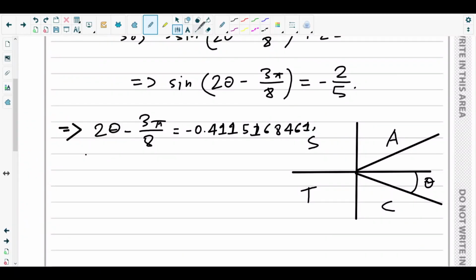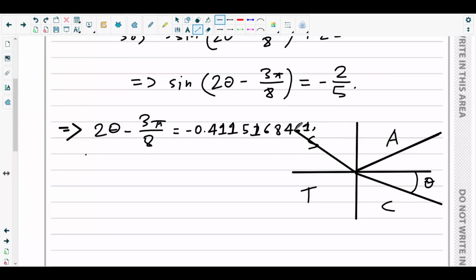Now the second one is positive 0.411. No, positive 0.411 is not acceptable because the value of sine theta should be negative. In the first quadrant sine theta is positive, so not possible.